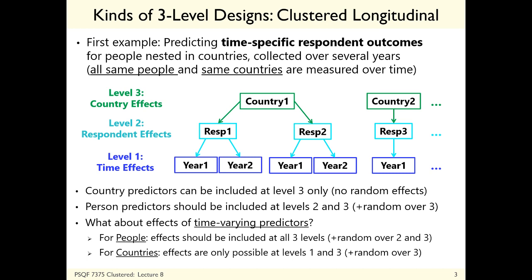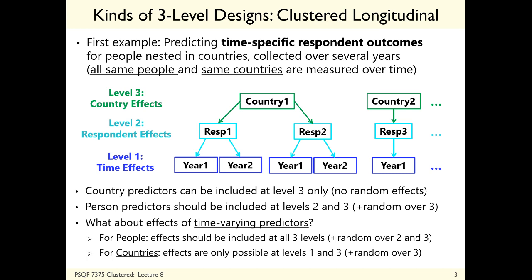The effects of time-varying predictors, then, those can be included at level 2 in that the average of the time-varying predictor becomes a person thing. The average of those person things become a country thing. You can have time-varying effects of country-level things at level 1 and level 3.